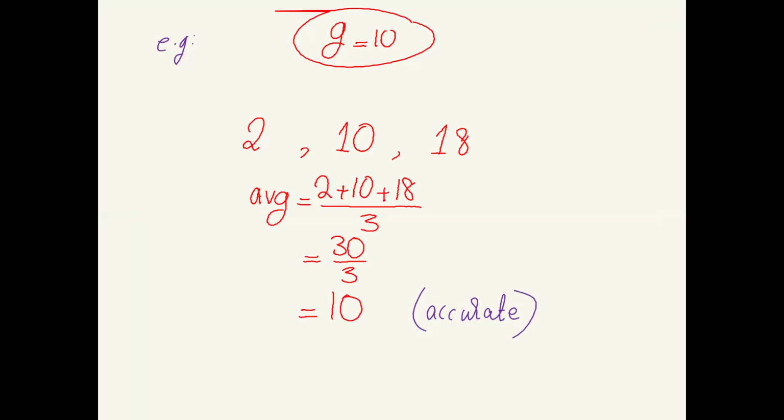For example, I have three readings for g. I will find the average of these values, and if it is close to the true value, we will say that my readings were accurate.